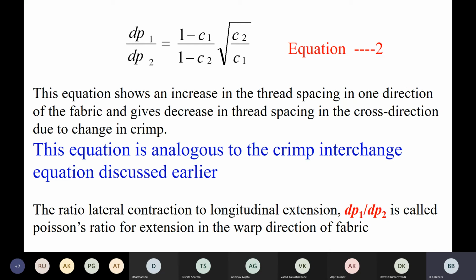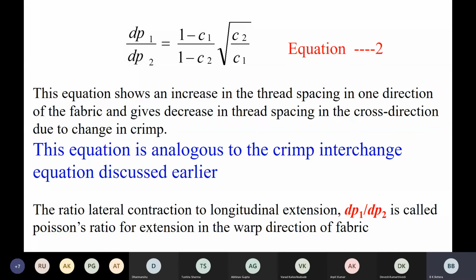The ratio of lateral contraction to longitudinal extension, that is dP1 over dP2, is called Poisson's ratio. You must have come across this term in physics. Poisson's ratio is nothing but lateral contraction to longitudinal extension. This value becomes negative if the material is auxetic.